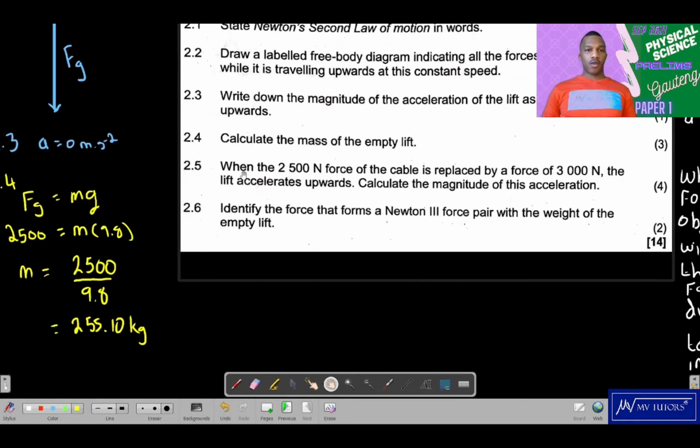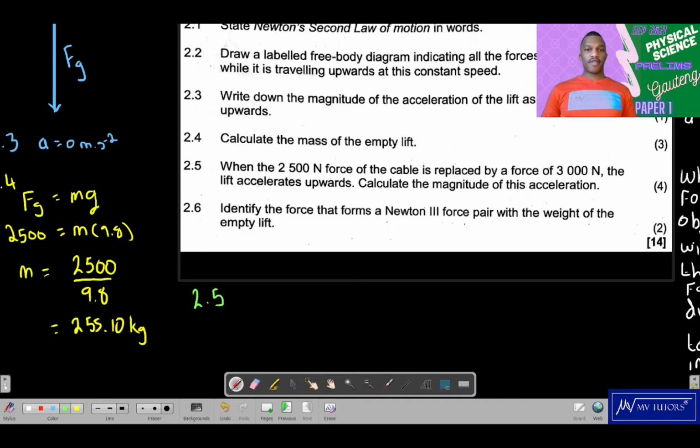It says when the 2,000 Newton force of the cable is replaced by a force of 3,000 newtons, the lift accelerates upwards. Calculate the magnitude of this acceleration. So this is now 2.5.